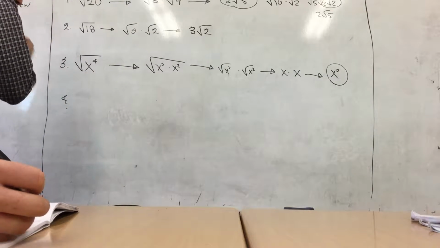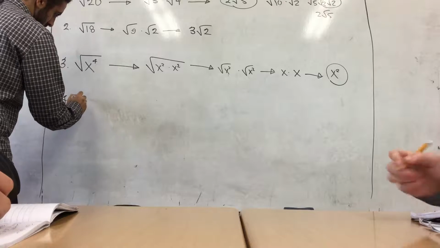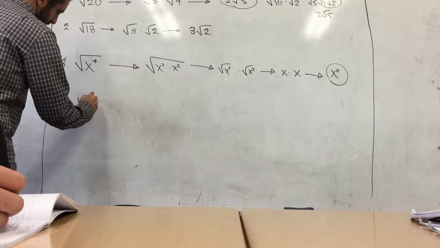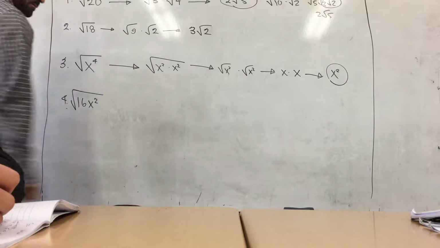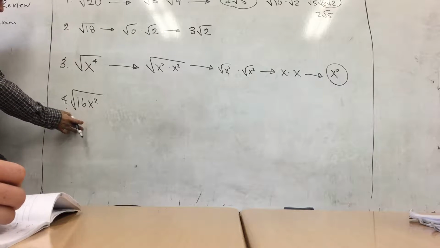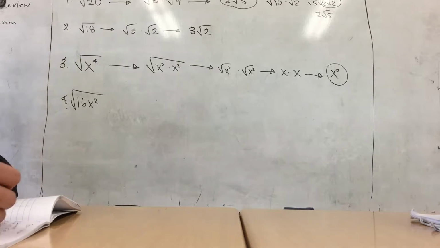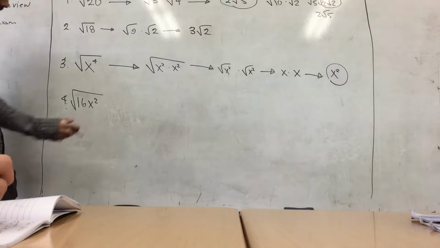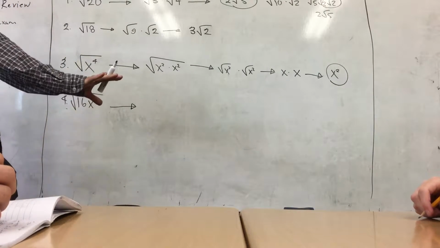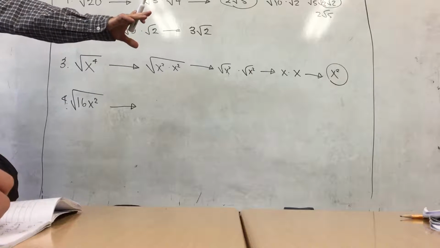What if I give you something like this? Okay, what can you do with something like this? 4x. What's the property here that we use? You can split it up, right?